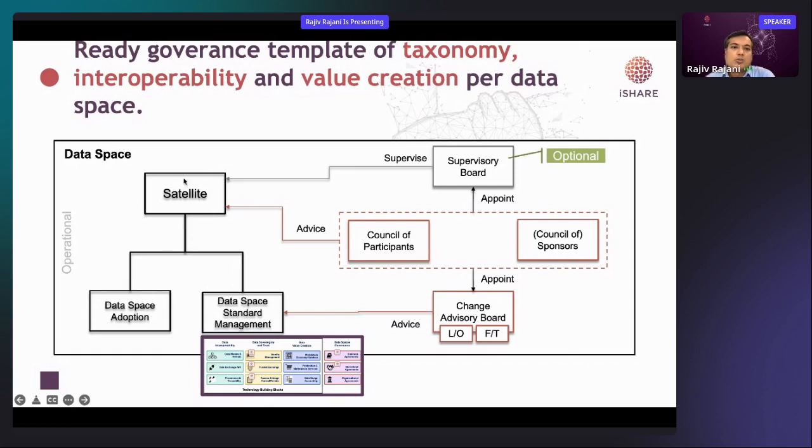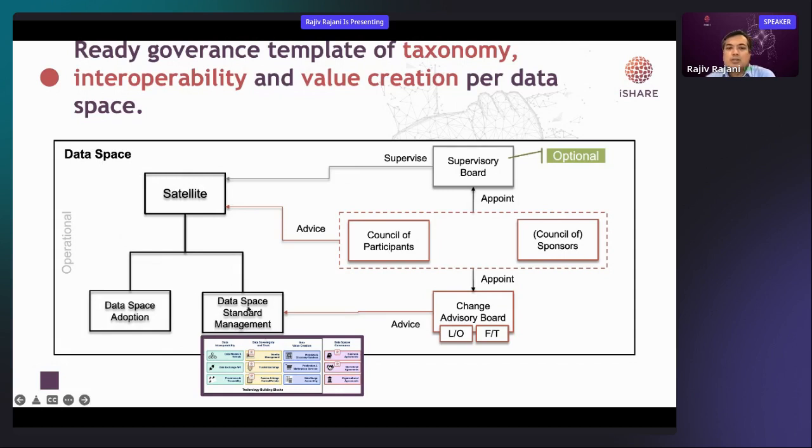body, who is responsible for, on one hand, of course, registering the participants, but also the adoption of the data space. So it also acts as a marketing or responsible party who promotes the data space within the sector or within the target group of the data space.